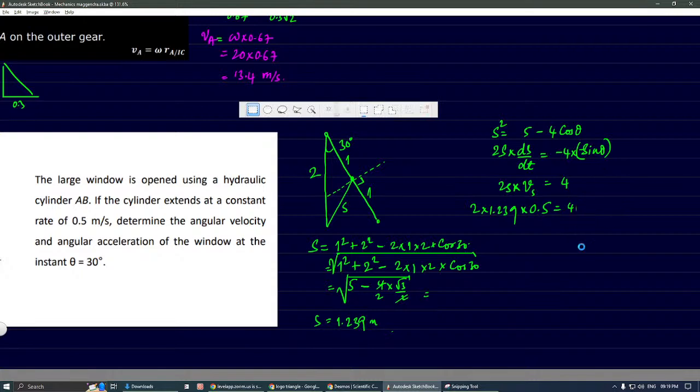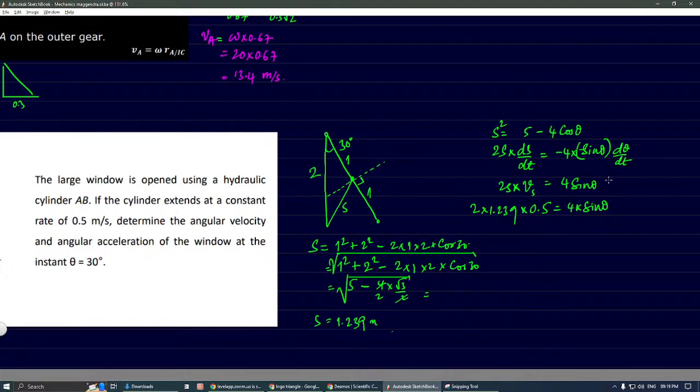Negative negative will cancel. Two negatives, minus and minus, plus sin theta. 4 times sin theta. So this sin theta, and here one more term you will get, d theta by dt. Correct? So that will result in omega here.